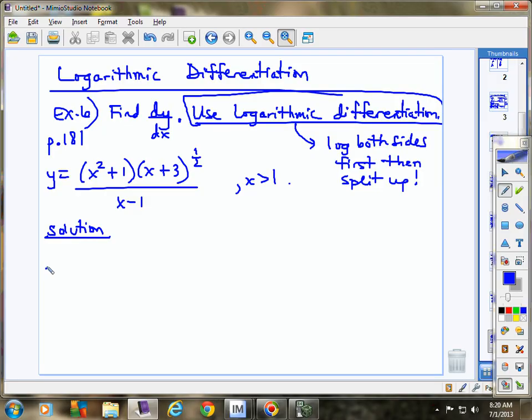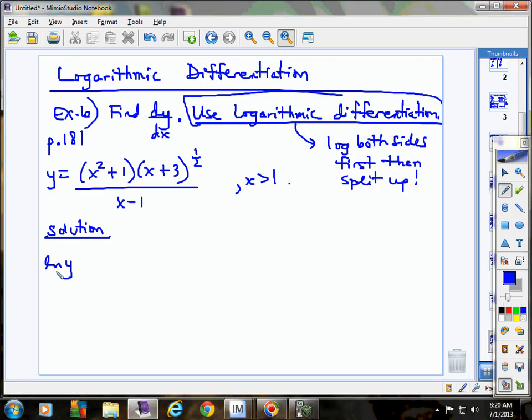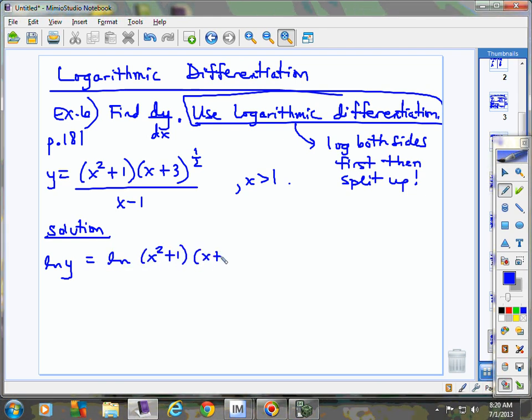So I'm going to log both sides. We're going to use ln's because we saw in our formulas how ln's are easier to work with than logs. You could use logs, but we're going to make it simple. So we're going to ln both sides.